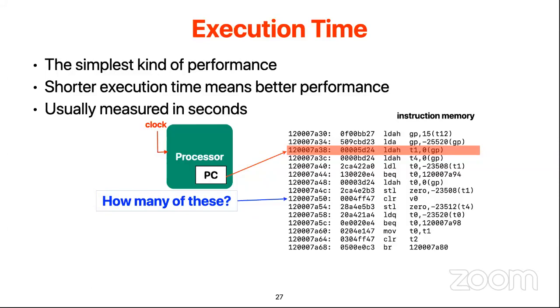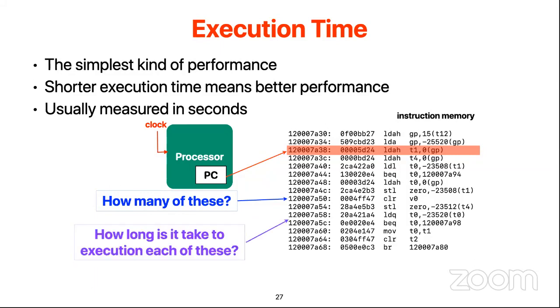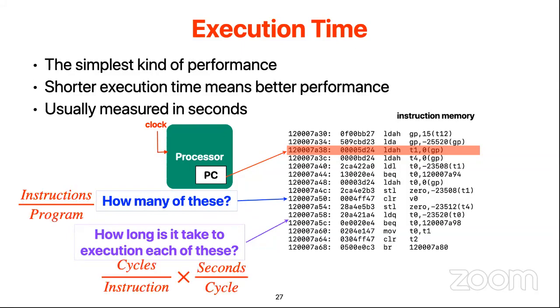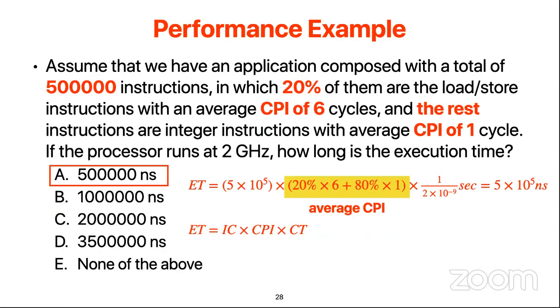So it's the number of dynamic instructions times how long it takes to execute each instruction on average. That's how you derive your performance equation. Using that, it's probably easy for you to understand why the answer to this question is A: by calculating the average CPI, the total number of instructions, and the cycle time, you will get the total execution time.